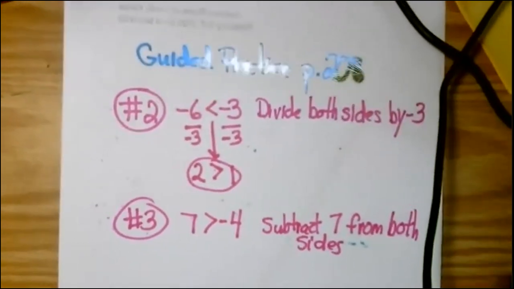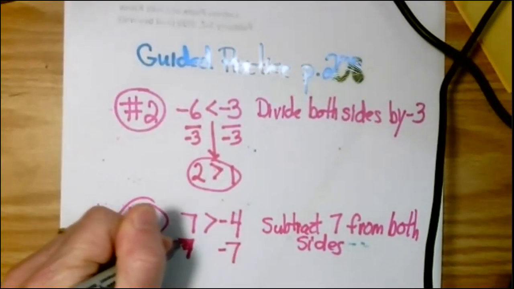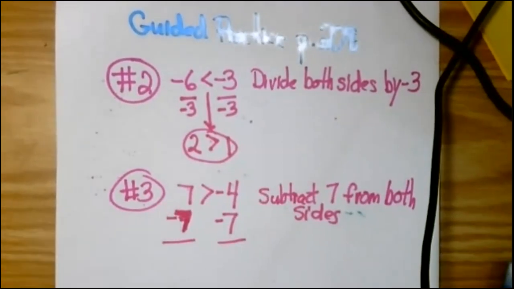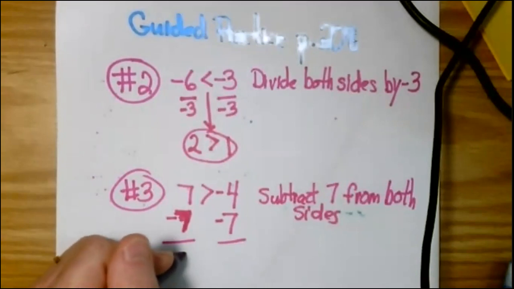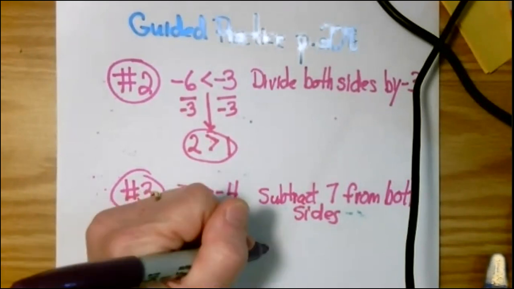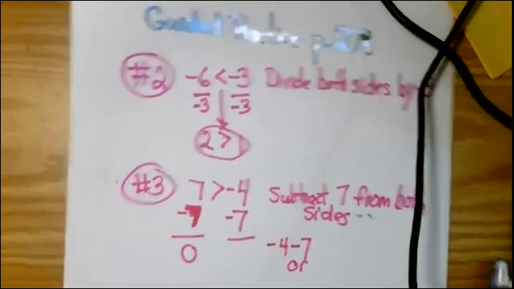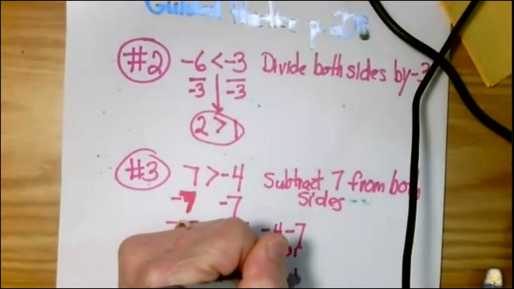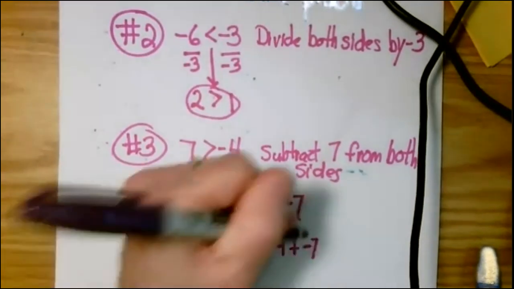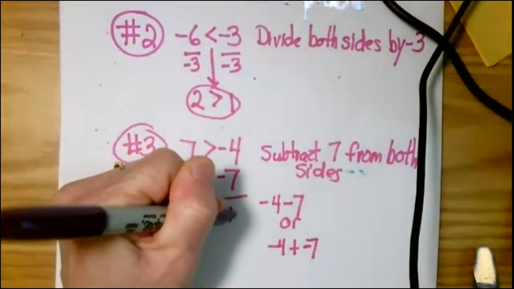If I subtract 7 from both sides, I get 7 minus 7, which is 0, and I get negative 4 minus 7, or negative 4 plus negative 7, which is negative 11.